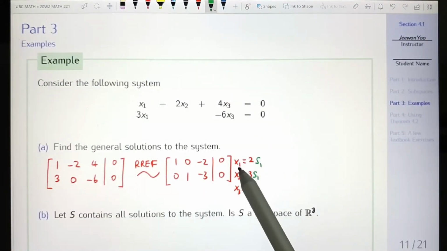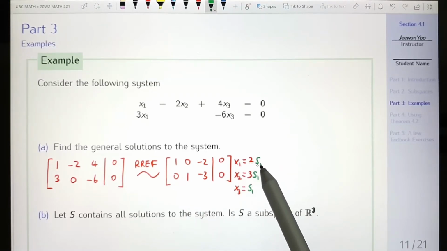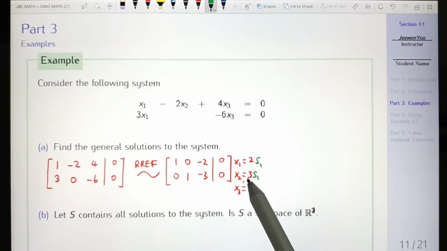We've successfully figured out the general solutions to this system. x1 equals 2 times a scalar, x2 equals 3 times a scalar, x3 equals that scalar.